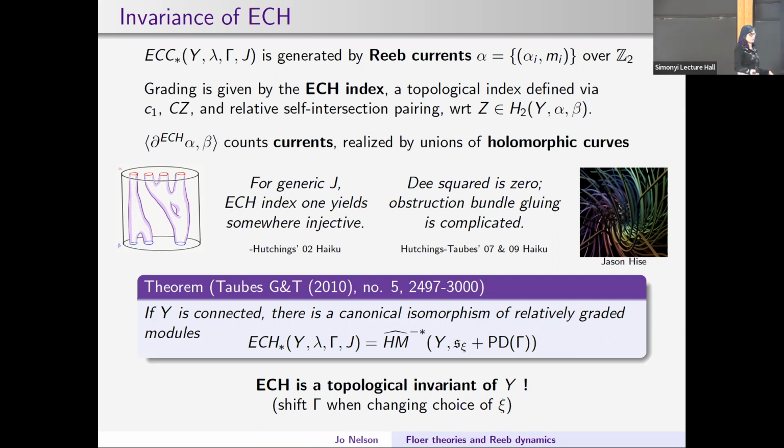And so that tells you that when you are legitimately counting things with curves and relying on intersection positivity to define the ECH index, that's all okay and not going to be destroyed when you pass to some abstract virtual fundamental cycle to extract invariants. The price that you pay though is that you have to establish a canonical isomorphism at the level of the chain complexes between Seiberg-Witten Floer homology and embedded contact homology.